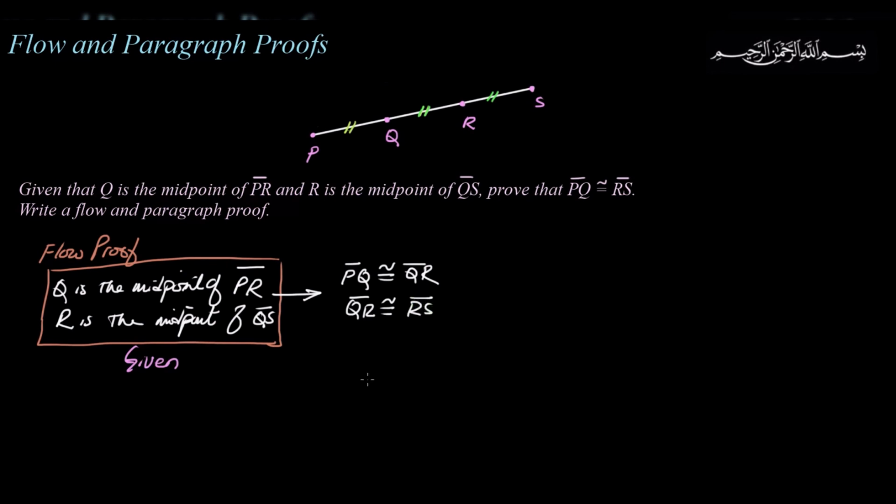Okay, why can I say this? Well, first I can rectangulate this because it's just kind of looking cool. So I have a pretty good rectangle. So why can I say this? Because that's what it means to be a midpoint. This is actually the definition of midpoint. A midpoint is a point that divides a segment into two congruent segments, like this.